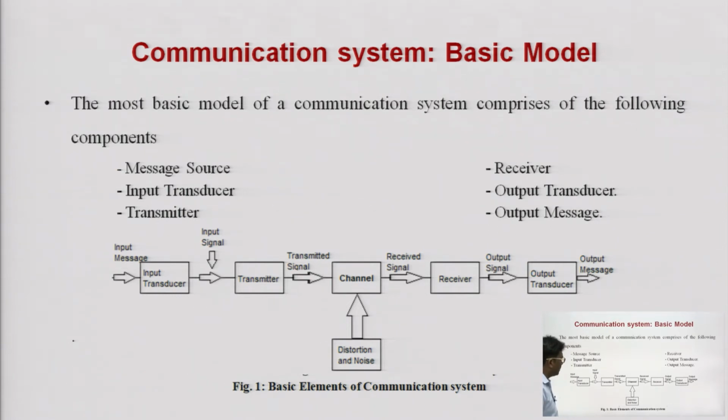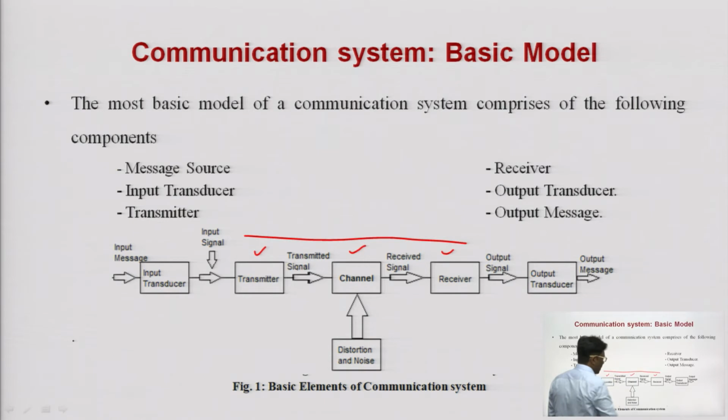Out of these blocks there are only 3 elements of a basic communication system. If someone asks you what are the elements of a communication system, only the transmitter, the channel and the receiver make up the elements of any communication system. The function of the input transducer is to convert any raw audio, video, or text into electrical format.